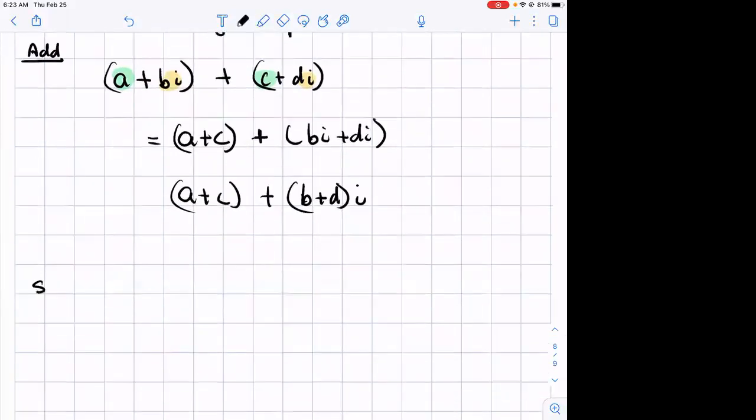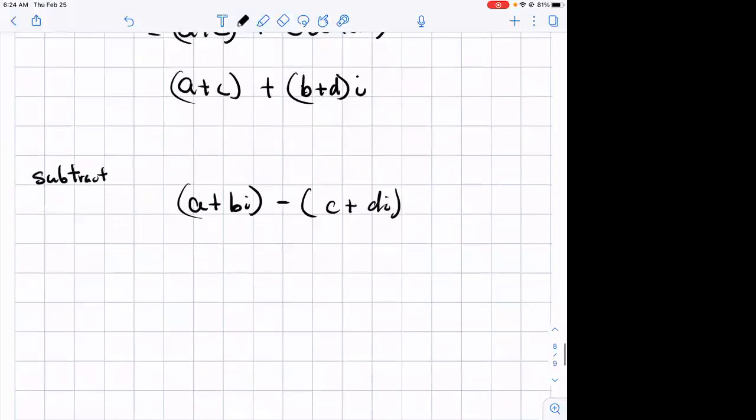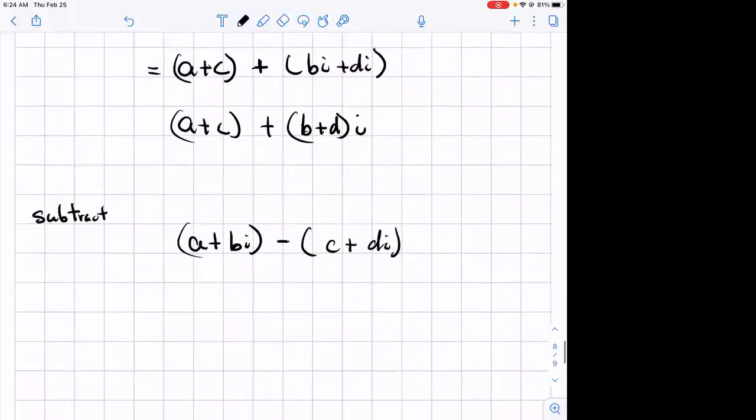For subtraction, we do the same thing. If we have a plus bi minus c plus di, in this case the real part, we say a minus c, now plus the bi minus di.